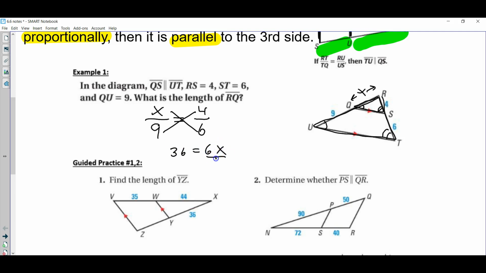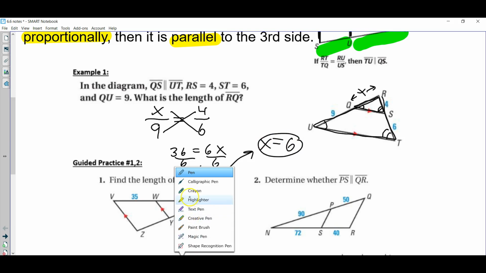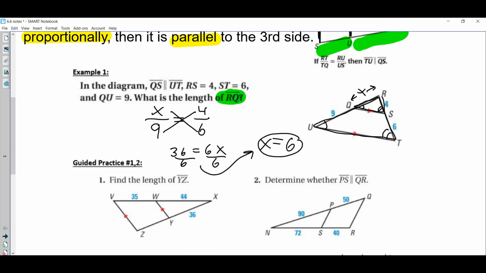Divide both sides by 6, and my x value ends up being 6. The question is asking us to find RQ. Well, RQ is indeed x. And so to finish this question, RQ is equal to 6.